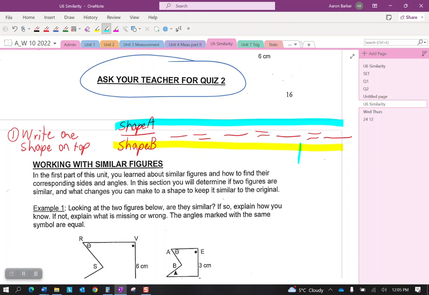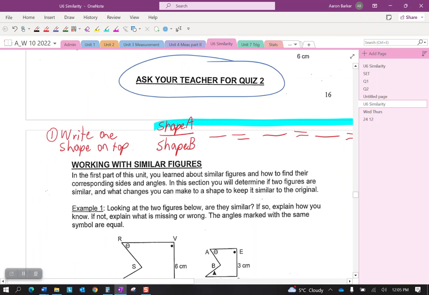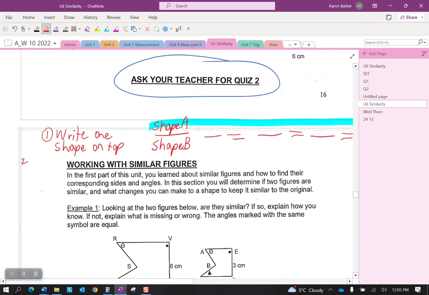Okay. After you do one of them, say we chose shape A, the next step, step number two, is to match corresponding sides. Corresponding sides. Okay.